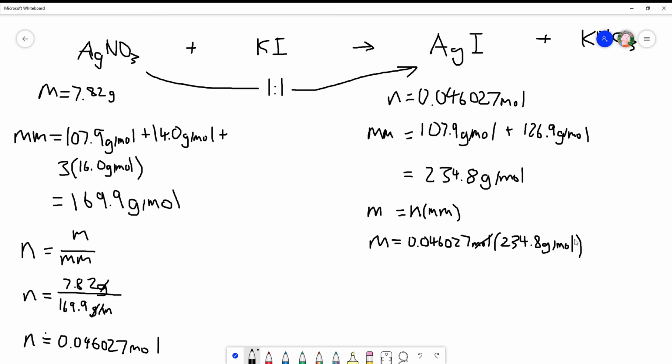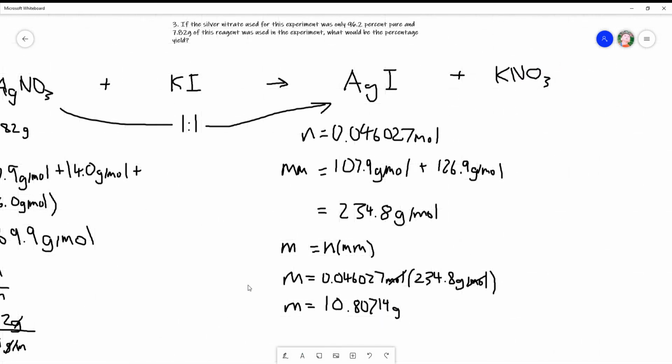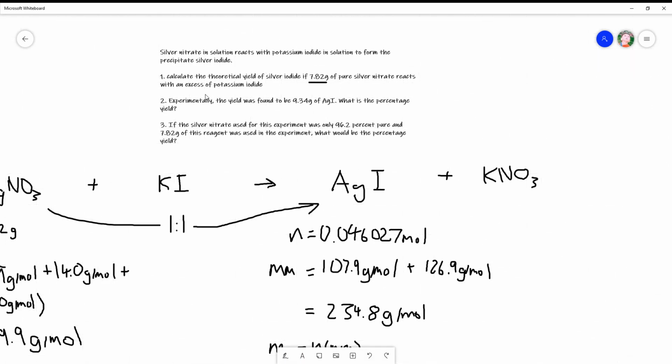The moles cancel each other out, and now we're left with roughly 10.80714 grams. And this number right here, 10.80714 grams, is the theoretical yield of the first part.